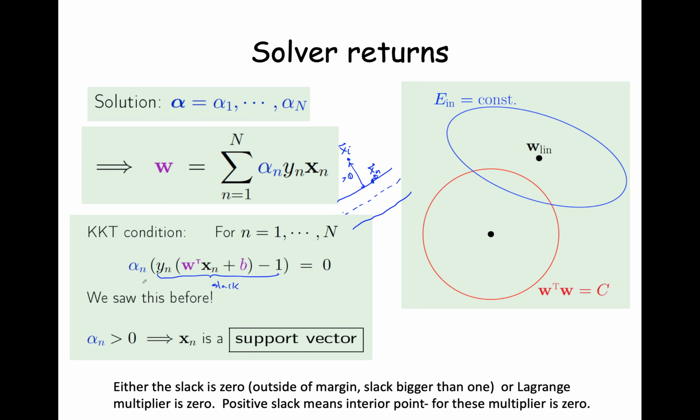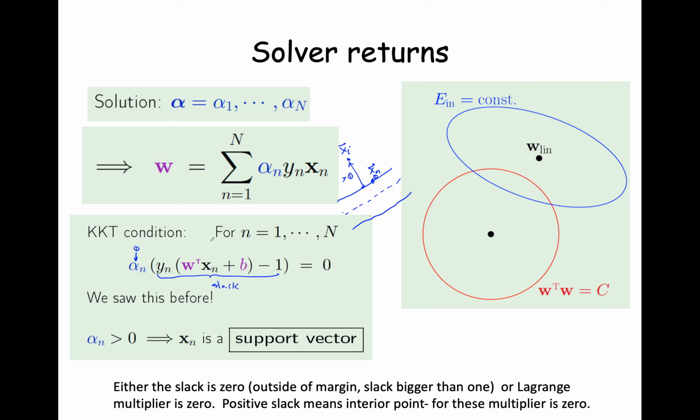The only way for this constraint to be satisfied, precisely equal to 0, since we're multiplying two terms, the Lagrange variable times the slack, well, for the on-margin point, we know the slack is 0. For the off-margin point, we know the slack is non-zero, it's greater than 1. The only way for this expression to be equal to 0 is if that Lagrange multiplier, that alpha, is equal to 0.